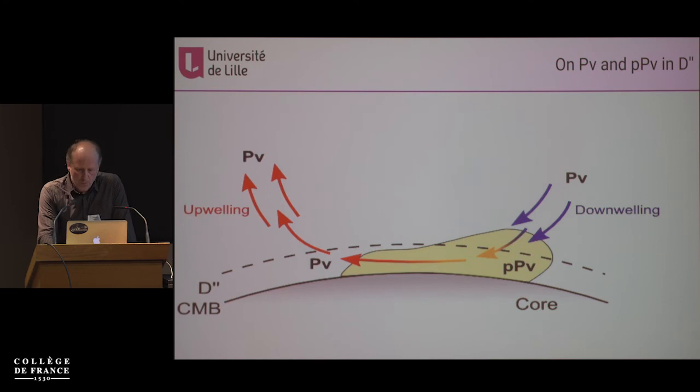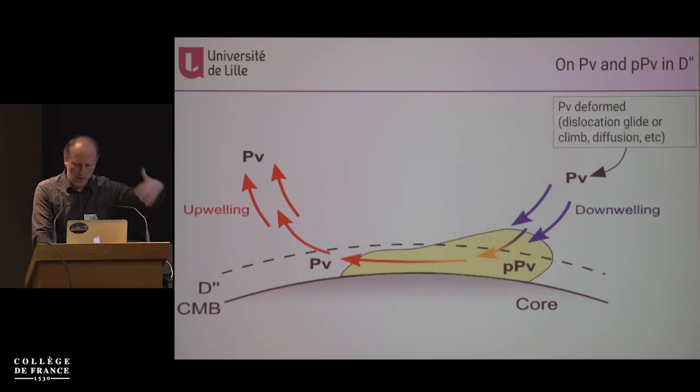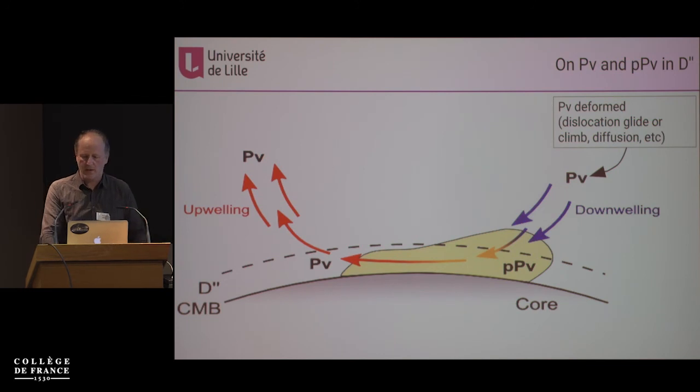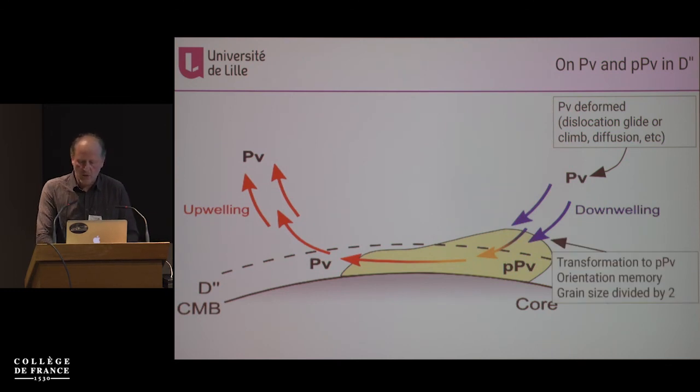So when you look at perovskite and post-perovskite in D double prime, you could think that during a subduction, perovskite is deforming through dislocation climb, dislocation glide, or whatever. As you transform to post-perovskite, you will keep a memory of the orientation, and the grain size will be divided by 2.